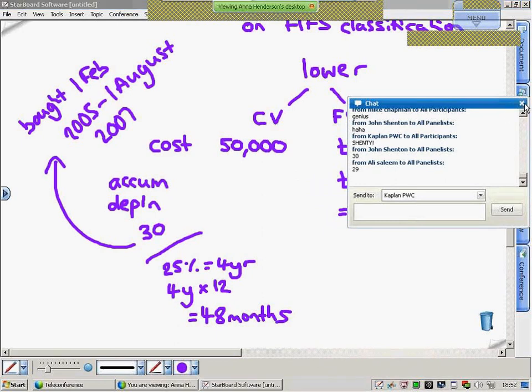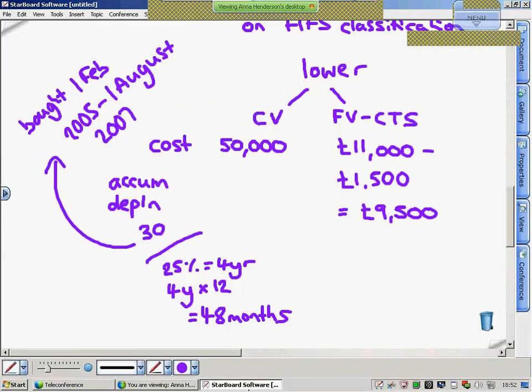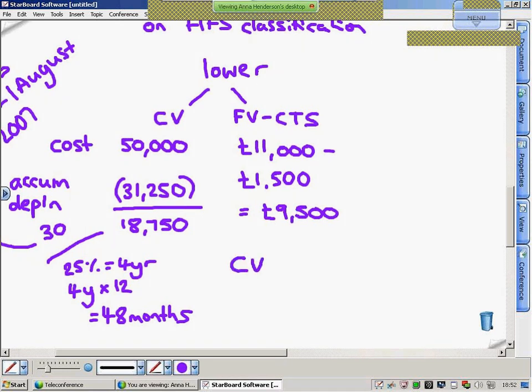We end up with accumulated depreciation of 31,250. Carrying value is 18,750. That is exceeding fair value less cost to sell.